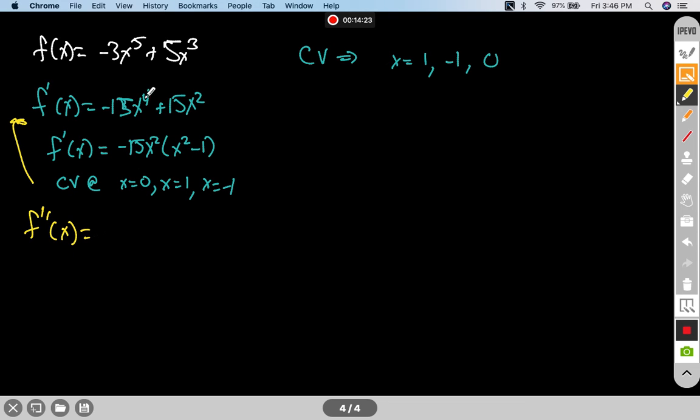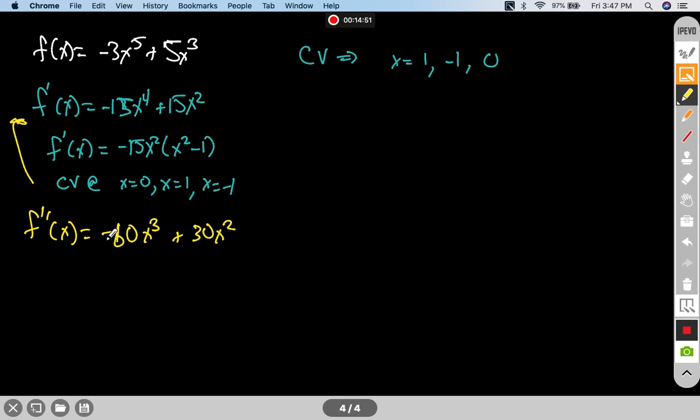No, forget that. 4 times negative 15 is negative 60x cubed. 2 times 15 is 30x squared. And I'm not even going to worry about anything else with that, because I'm just looking for my relative extrema. I don't care about what my concavity is, so I don't have to find the inflection points on here.